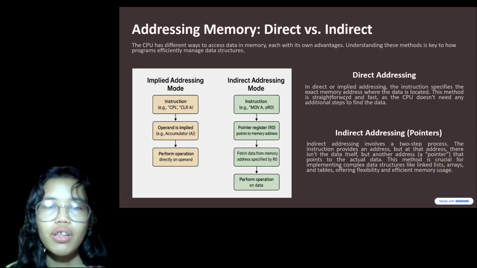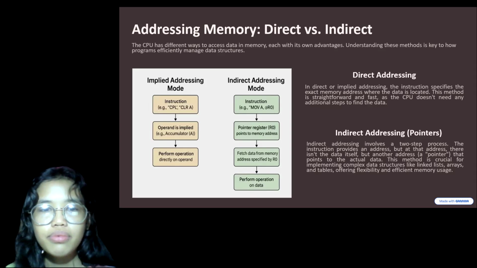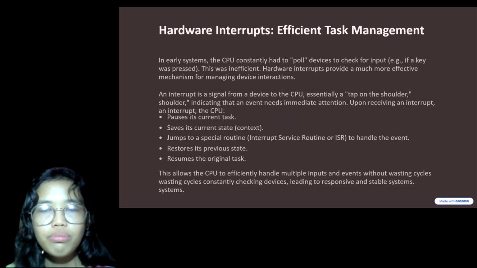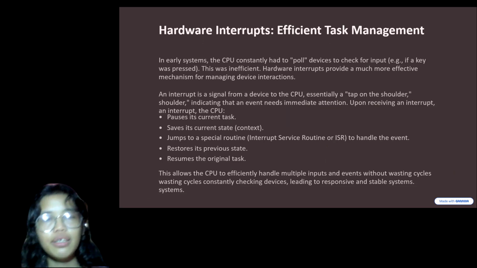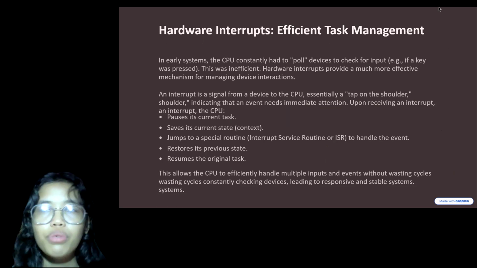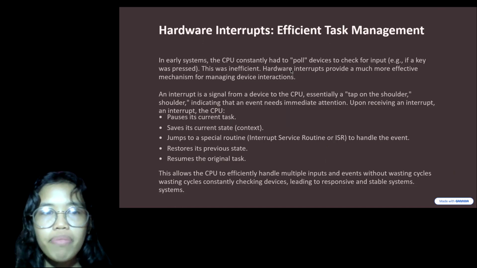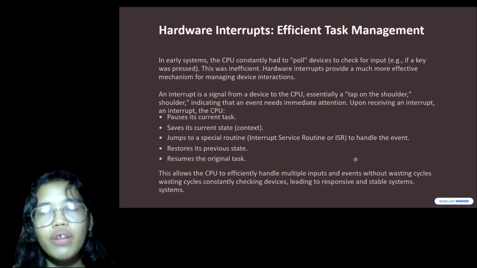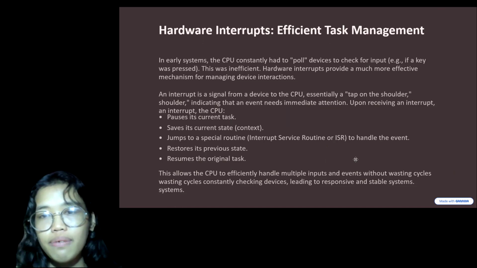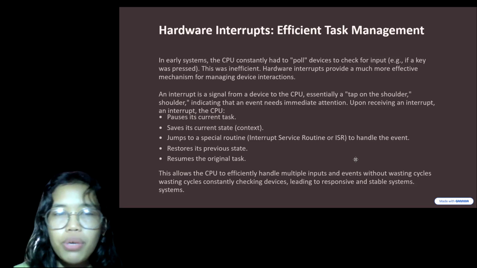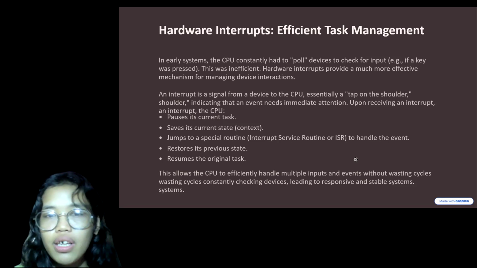Now, we're going to tackle hardware interrupts, which are used for efficient task management. In early systems, the CPU constantly had to poll devices to check for input, for example if a key was pressed. This was inefficient.